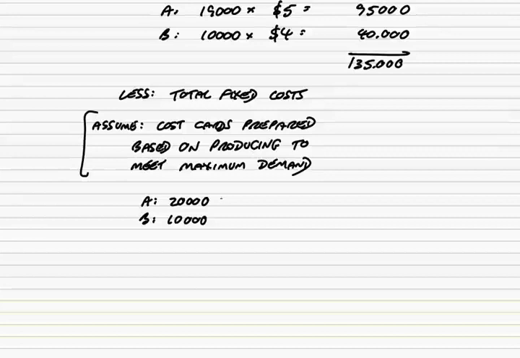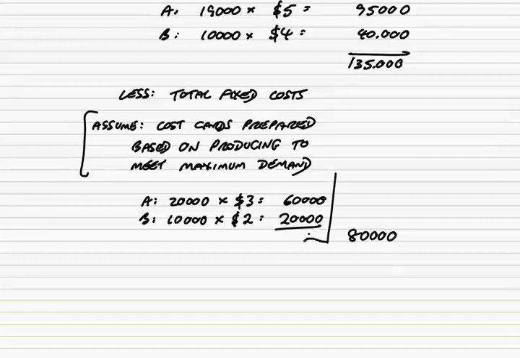For product A, every unit, we'd been absorbing $3 fixed overheads, a total of 60,000. B, every unit we'd absorbed from the cost card a total of $2 fixed overheads, a total of 20,000. And therefore, we'd absorbed a total of 80,000 in fixed overheads.